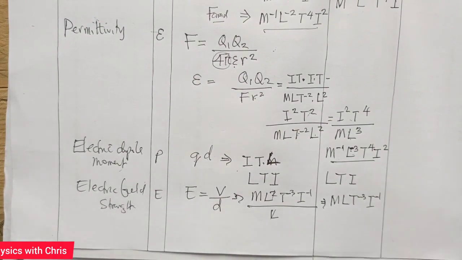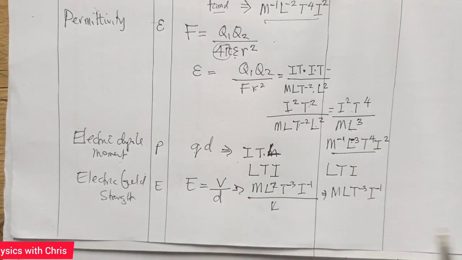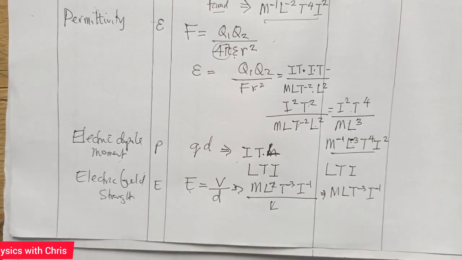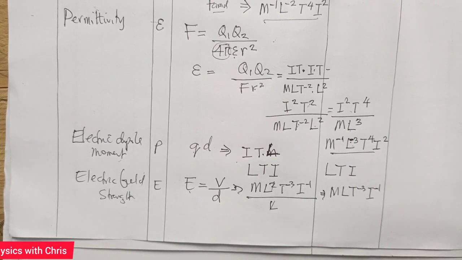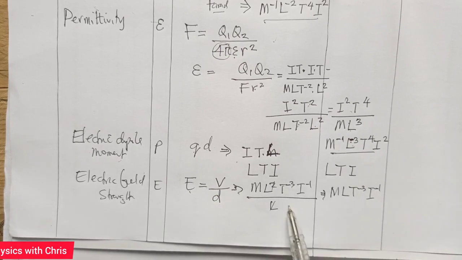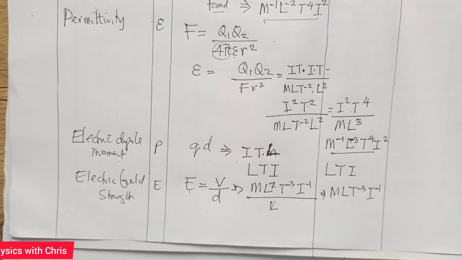So we have this as the dimension of electric dipole moment. Electric field strength is defined as the ratio of electric potential over the distance, and that gives me this as the dimension of electric potential. Quickly, let's see the dimension of some more physical quantities.